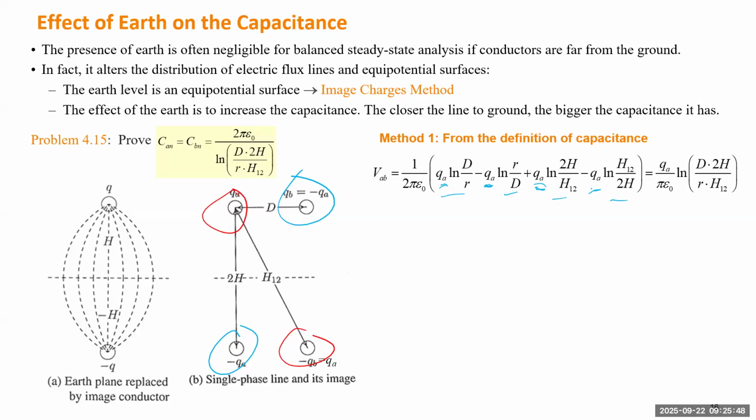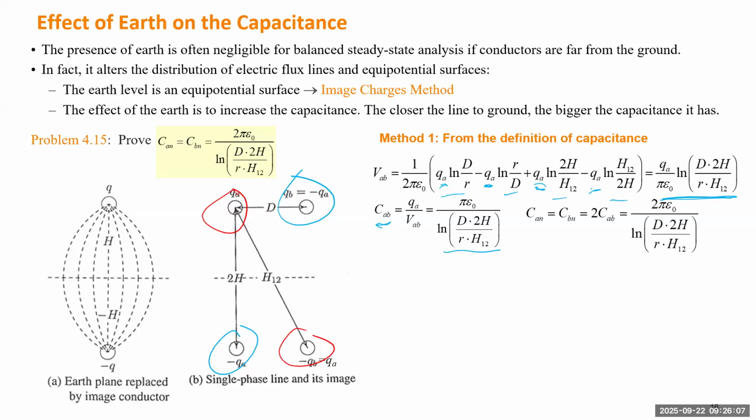If you simplify this formula, that will give you the final answer. So by the definition, the capacitance between A and B, between 2 conductors, will be this formula. Next, we want to consider the capacitance of a single conductor to the middle point. That will be equal to 2 times the capacitance between two conductors. So this is the final answer, from the definition of capacitance.